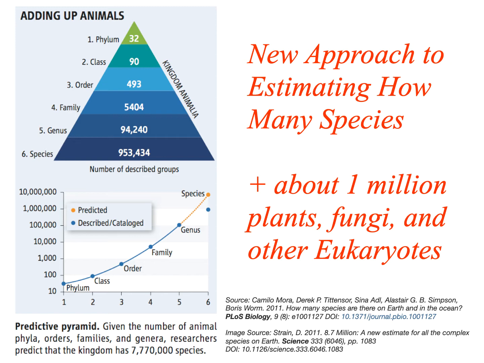This paper was published recently from a research group at an East Coast Canadian university, and they suggested there are probably about 8 million different species. For just animals alone, probably close to 1 million species, as you can see in that pyramid.